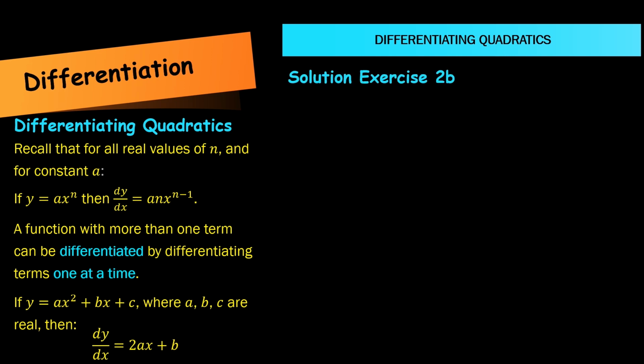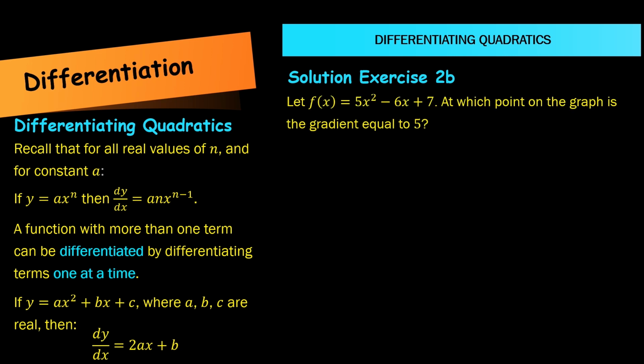Now let's solve example 2b. Let f of x equal 5x squared minus 6x plus 7. At which point on the graph is the gradient equal to 5? So let's solve this. Now if y equals our given quadratic, then dy dx equals 10x minus 6. Here's our quadratic, and here's dy dx.